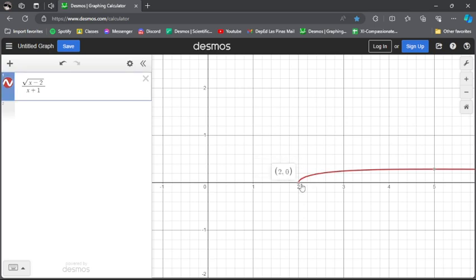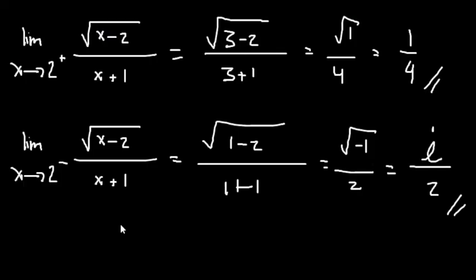So, we can now say that the limit of the function f of x as x approaches 2 plus will always exist.